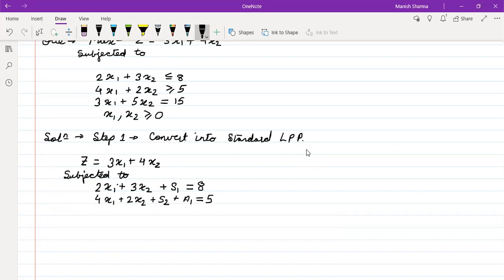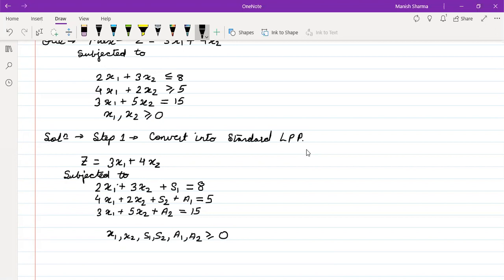Then the next equation will be 3x1 plus 5x2 plus A2, artificial variable 2, is equal to 15. Then we also have to write non-negativity constraints, that is x1, x2, s1, s2, a1, a2 should be greater than or equal to 0.